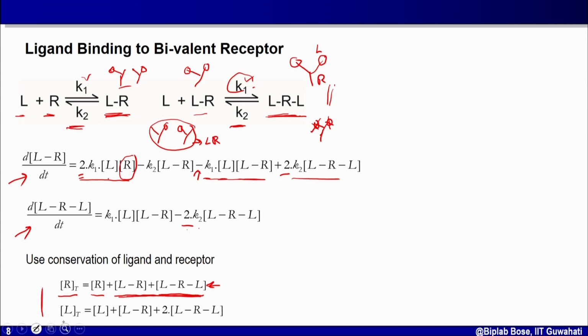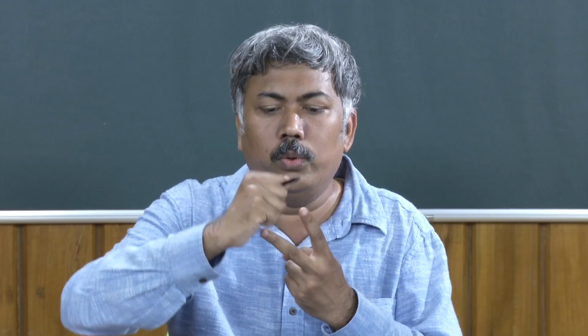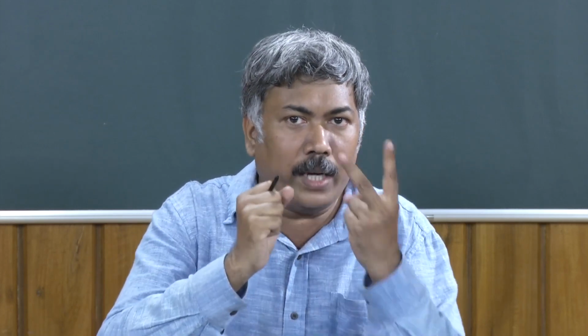Similarly, I am considering the total ligand LT to be constant, which is nothing but the summation of free ligand plus LR, that is the first complex, because it has 1 copy of the ligand, plus 2 into LRL. Remember, LRL is the final complex where 2 ligands are bound. That means one complex molecule will have 2 ligands.